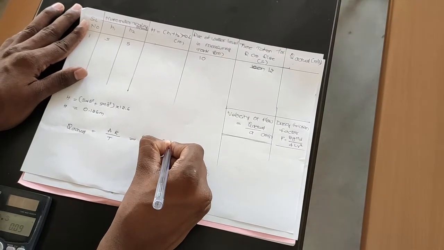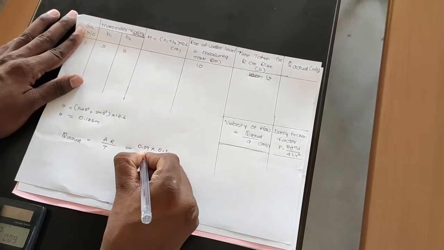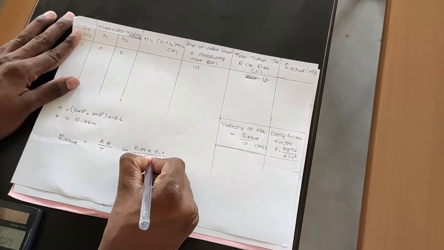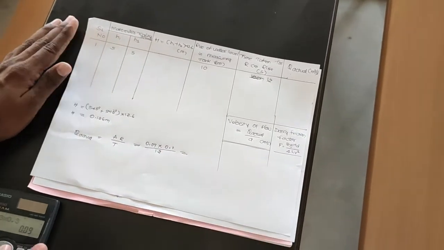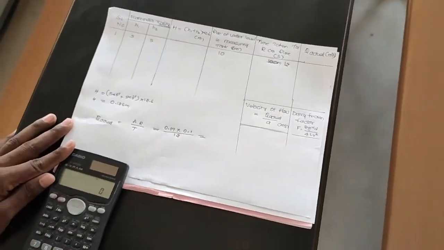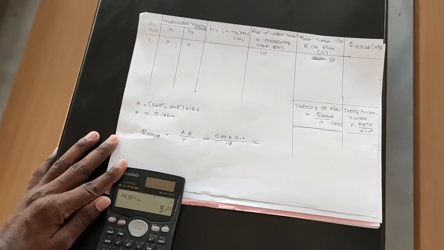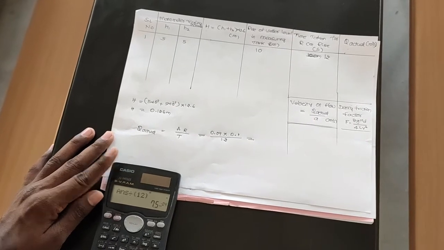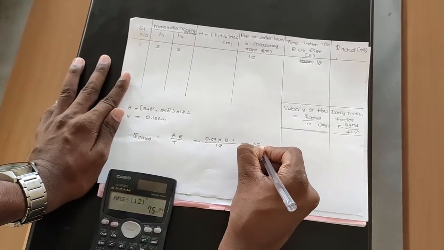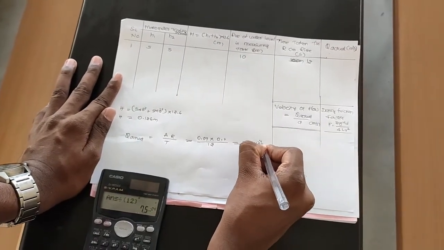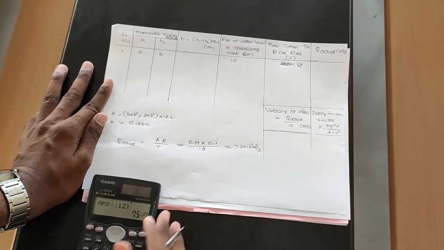I will convert it to meters, it will be 0.1 meters, divided by the time taken, 12 seconds. So how much discharge are you going to get? 0.09 into 0.1 divided by 12. So 7.5 into 10 power minus 4 meter cube per second.